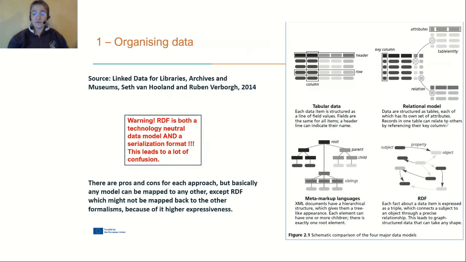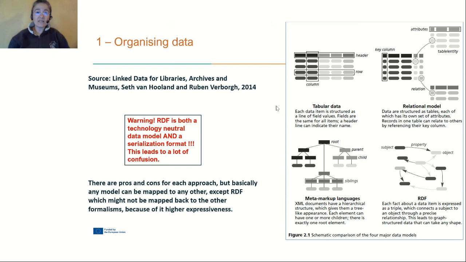I took this figure from a textbook written by two experts on semantic interoperability. What they describe in their figure is that there are four popular ways to structure data, and each one has pros and cons, and each one has been developed in specific contexts. So there's no one that is better or worse than another.